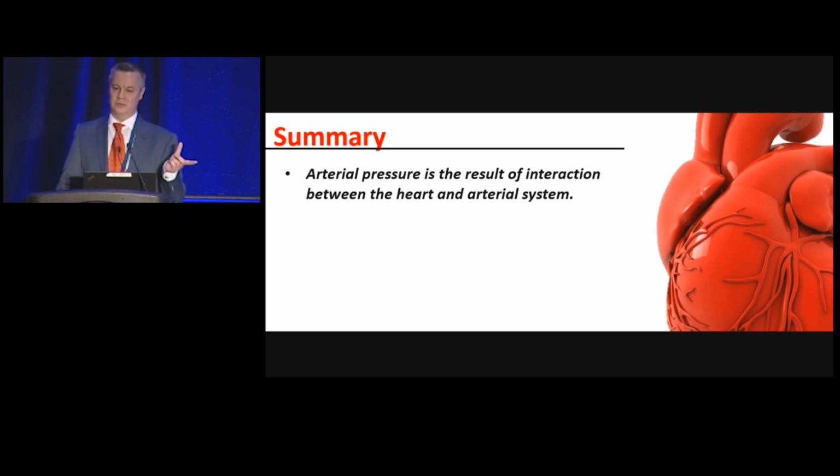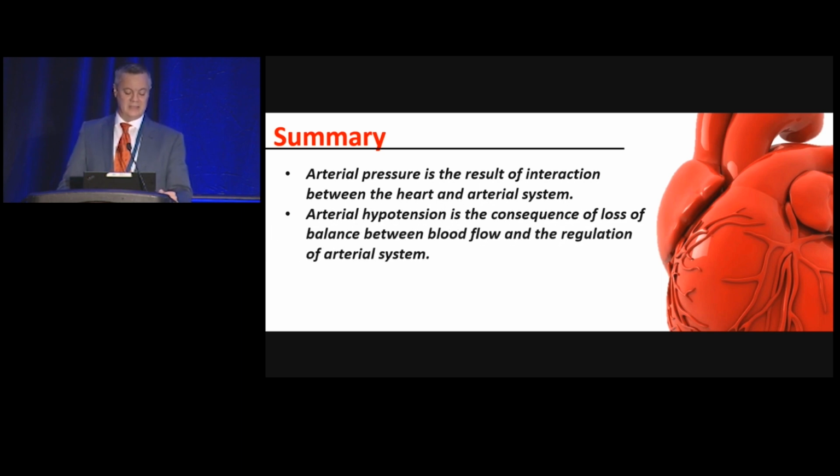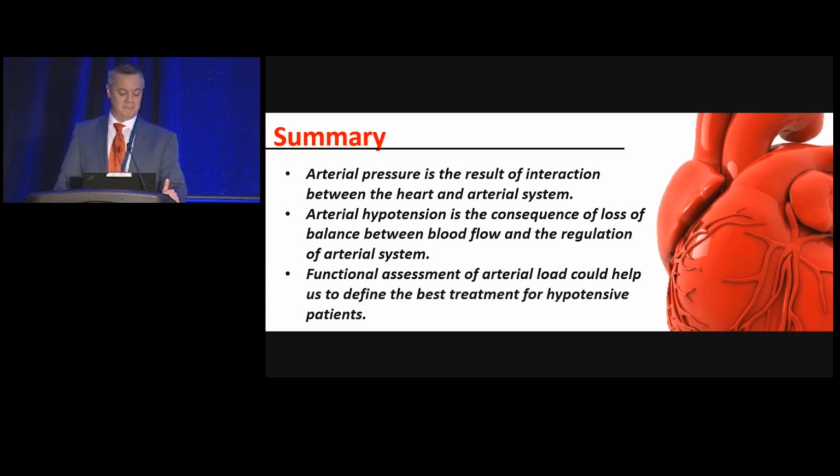It is not only related to flow, it is also related to the arterial system. The arterial hypotension is the consequence of loss of balance between the blood flow and the regulation of the arterial system. And the functional assessment of the arterial system, the arterial load, may help us to define the best treatment for a hypotensive patient.